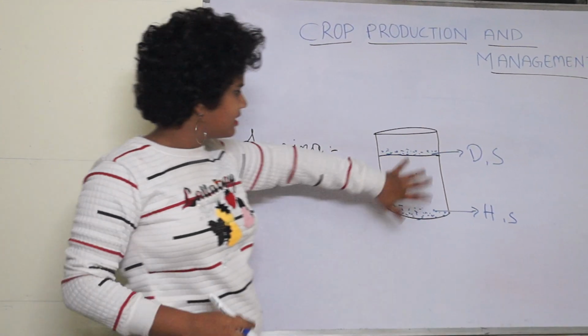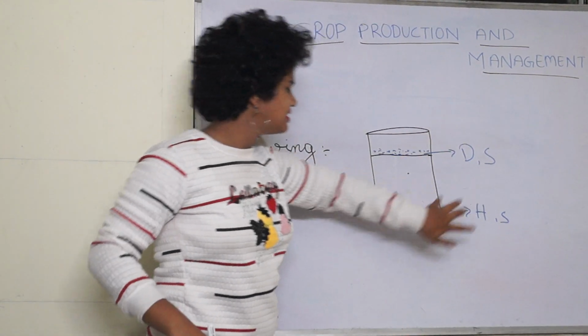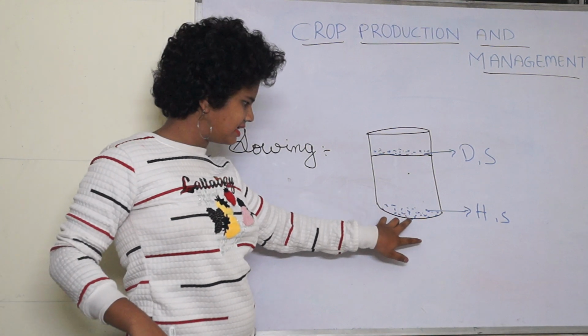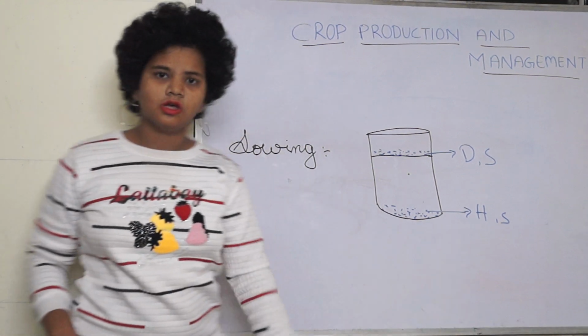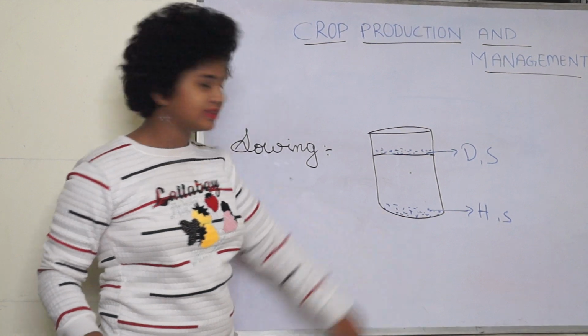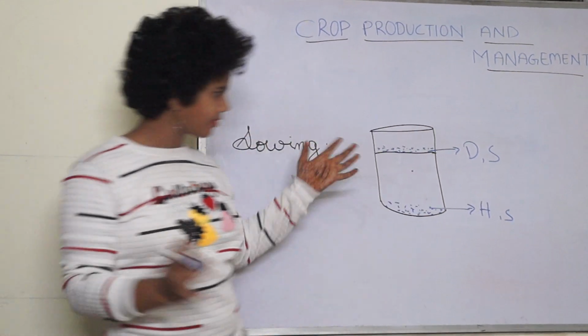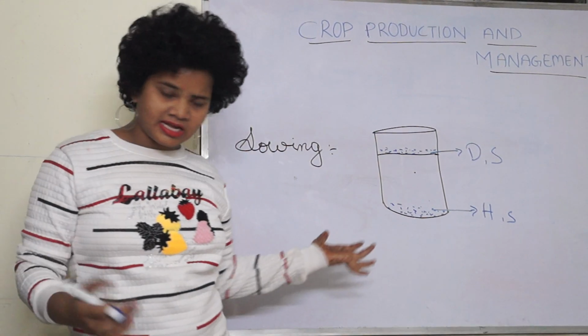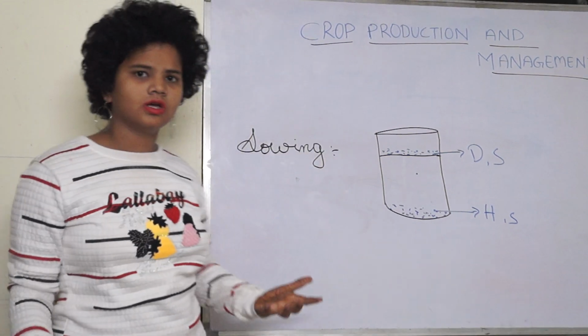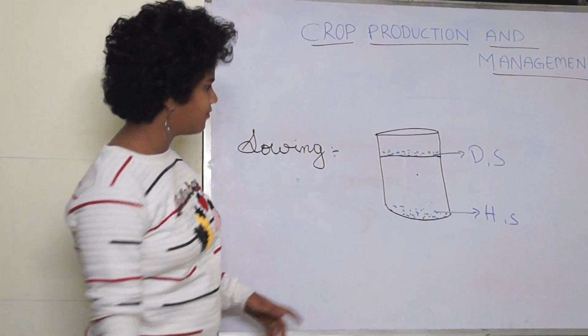So the floating seeds are damaged seeds and the sinking seeds are healthy seeds. The farmers use this method to separate the damaged and healthy seeds. So this is how we can separate.